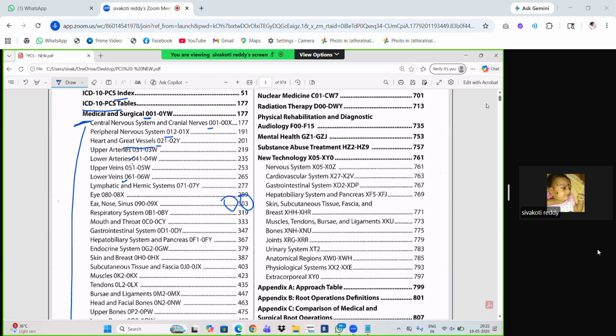Next, body systems. Okay, upper arteries, lower arteries, upper veins, lower veins.